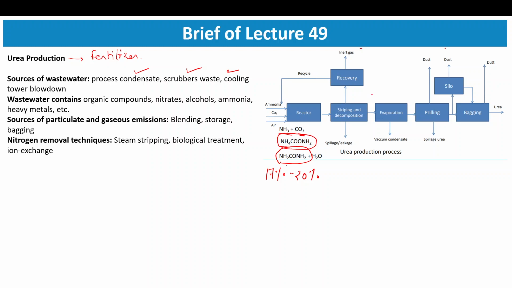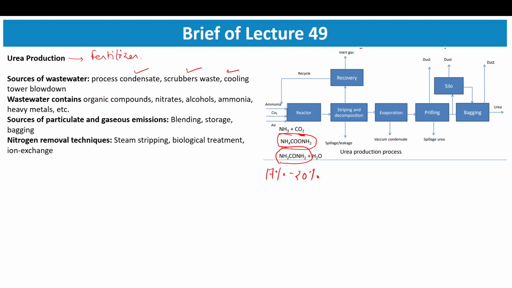The major process or unit in this industry is stripping of this ammonia and recovery or recycle of that ammonia, which is scrubbing of ammonia. The waste obtained from here is a major source of wastewater in this industry.